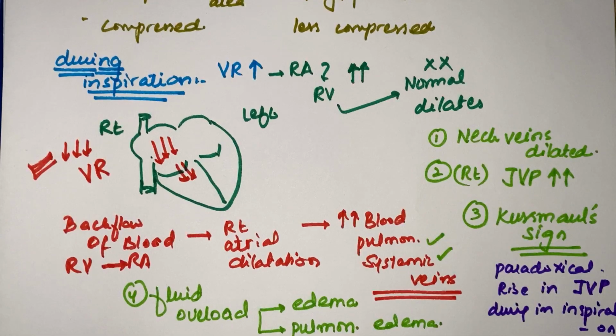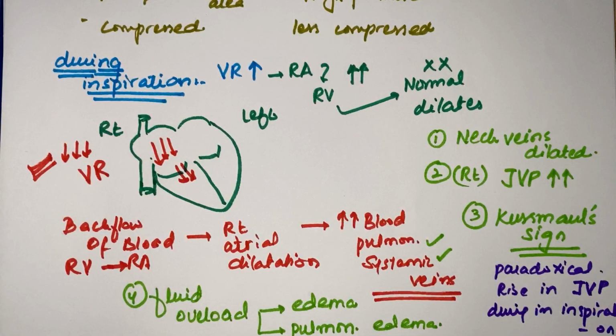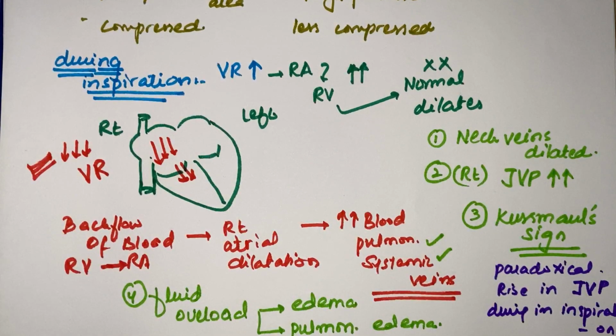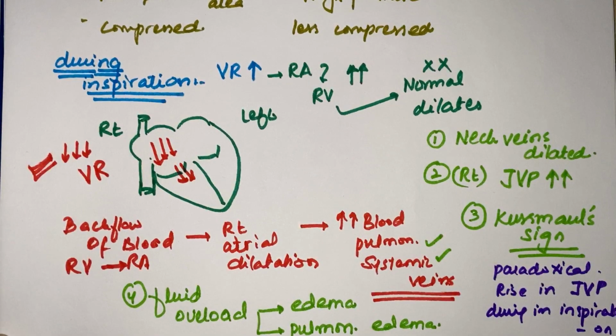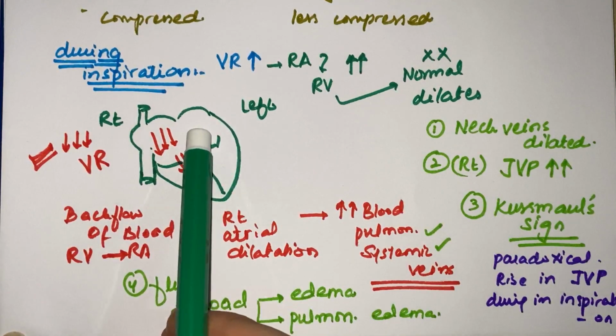What happens is that at the same time venous return is increasing during inspiration, the blood coming to the left atrium is reduced. Why? Because the lungs are now expanded. Because of expansion of the lungs, pulmonary veins are dilated, and when a vein is dilated, it will have less pressure within it, so less blood will be ejected and come to the left atrium.